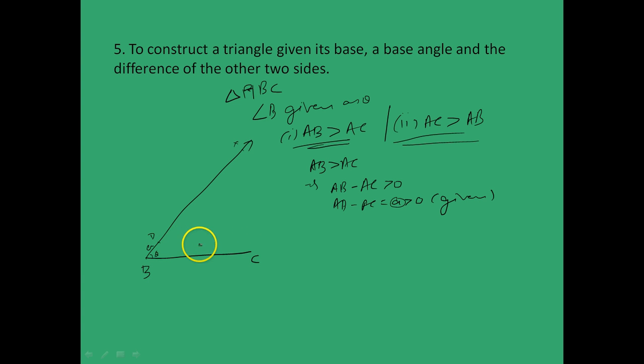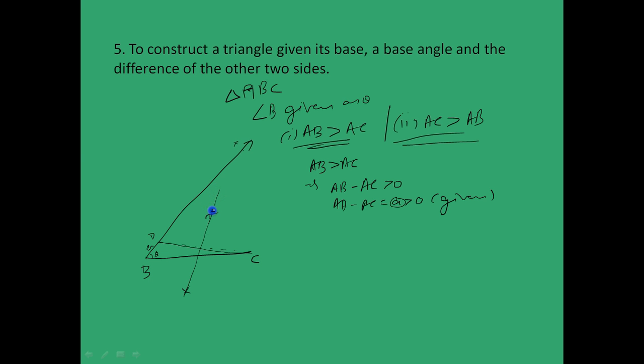Now what needs to be done is join D and C. So join DC, and now draw the perpendicular bisector of CD. We discussed in construction number 2 how to draw perpendicular bisectors, that is by taking the radii and cutting arcs on two sides. I'm doing this in rough, but you get the gist of it.